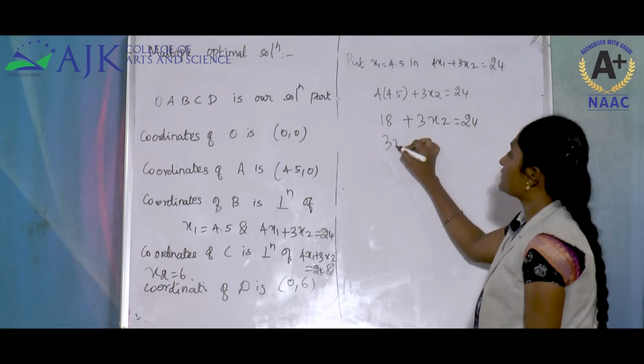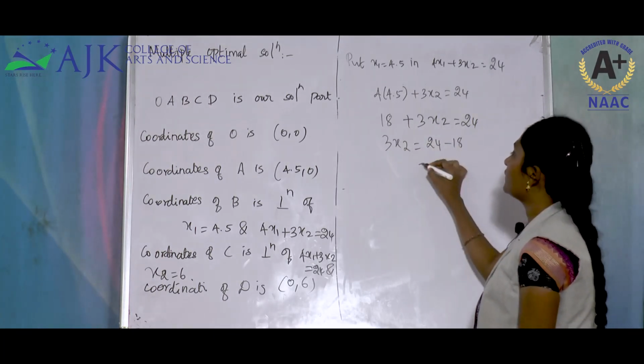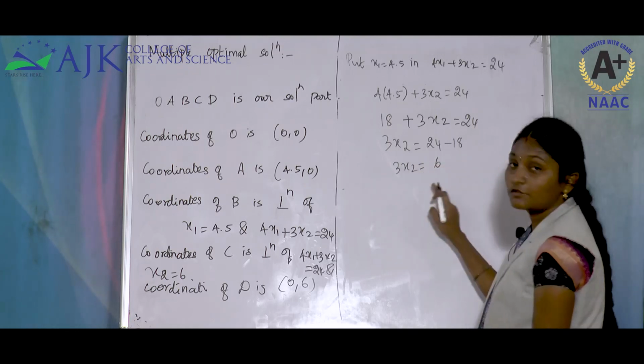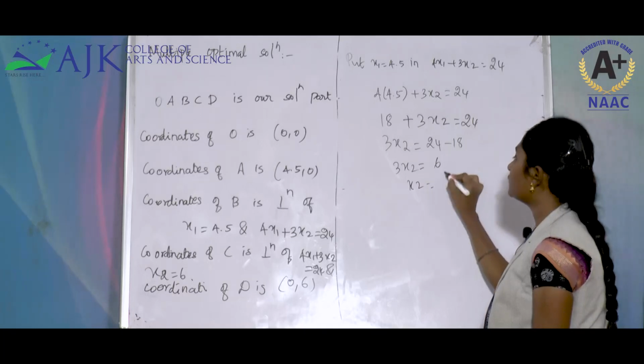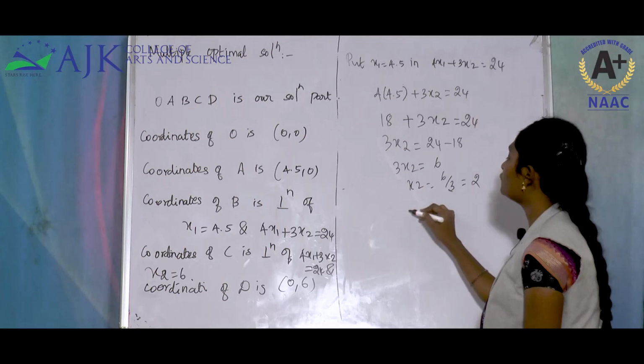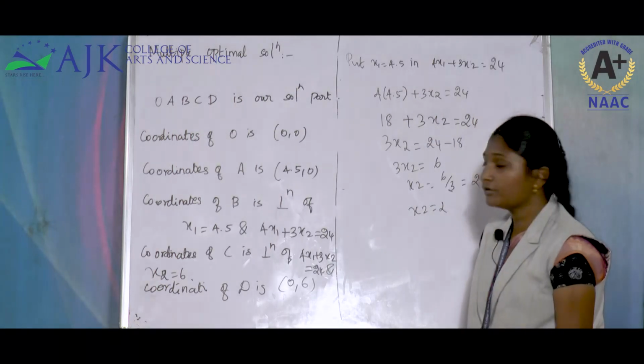From this, 3x2 is equal to 24 minus 18. 24 minus 18 is 6. So 3x2 is equal to 6. x2 is equal to 6 by 3, that is 2. So our x2 value is 2, our x1 value is 4.5.